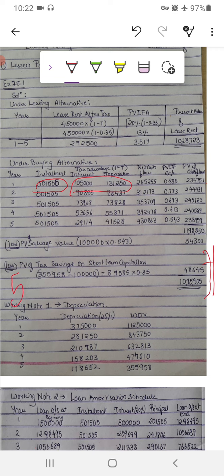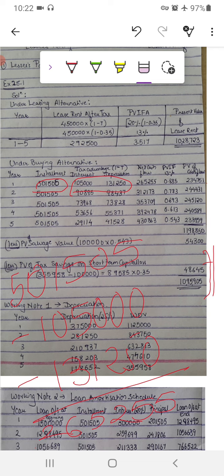So 5,01,505 minus 1,05,000, that is your interest after tax, minus 1,31,250, that is your depreciation after tax. Once you deduct these two values from the installment amount, you get the net cash flow, that is 2,65,255. This is how you calculate the net cash flows.